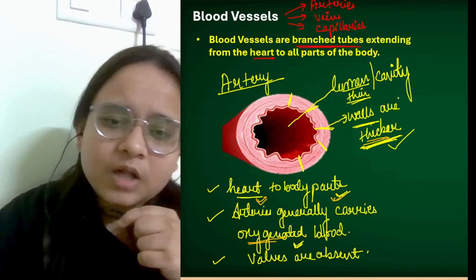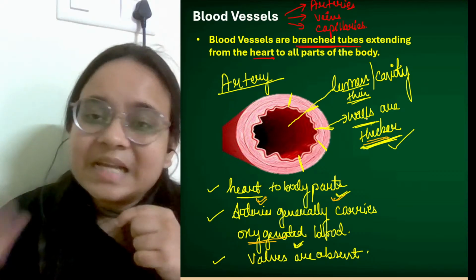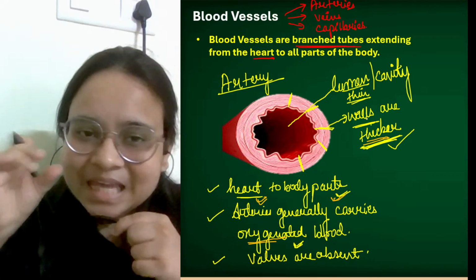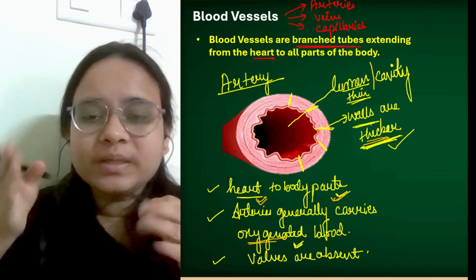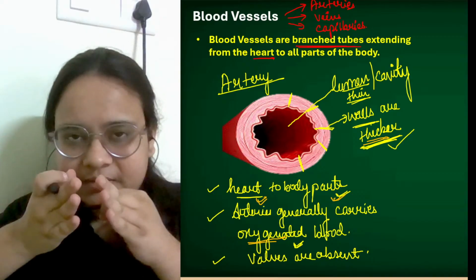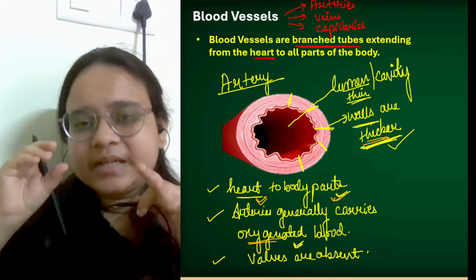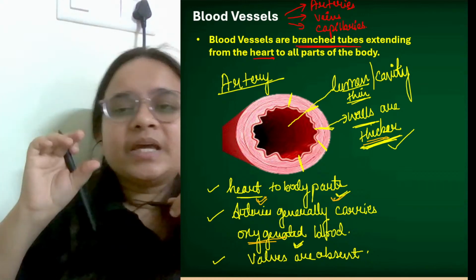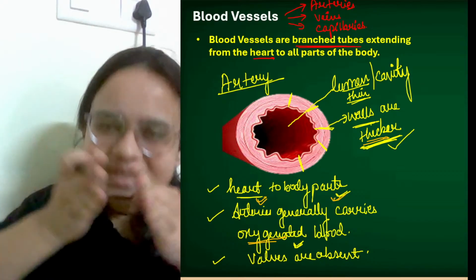Now, the walls, दीवार जिसको हम लोग कहते हैं आम भाषा में, walls are thick in case of an artery, and since the walls are thick, the lumen gets thin. The lumen gets thin because the walls are taking most of the space inside arteries, so the inside hollow space becomes narrow.